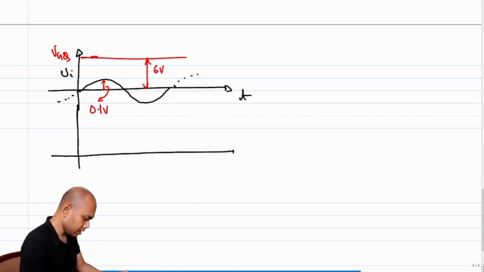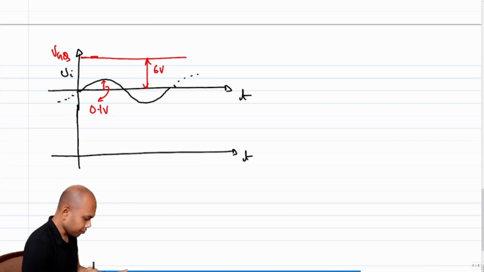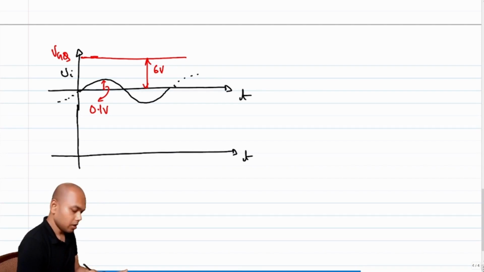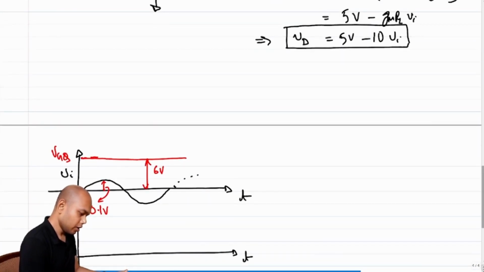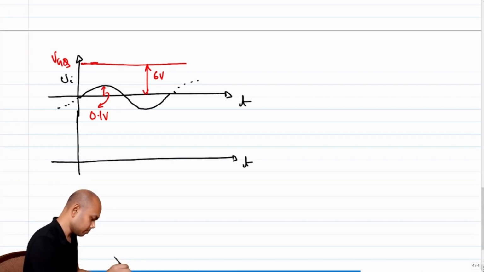Now if I sketch with respect to time the total drain voltage, what should I get? Let me again point out the fact that total drain voltage is 5 volt minus 10 times Vi. So let's sketch the 5 volt first.